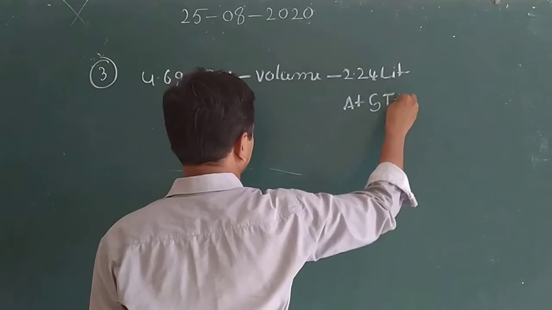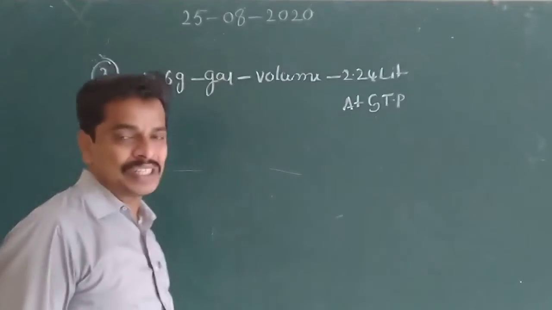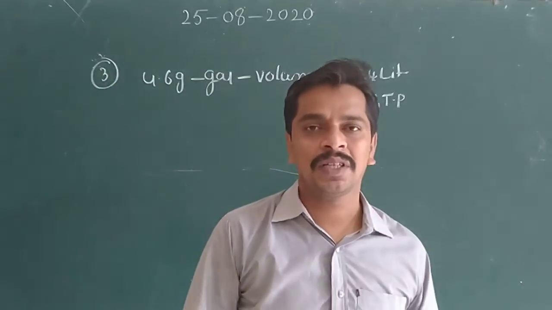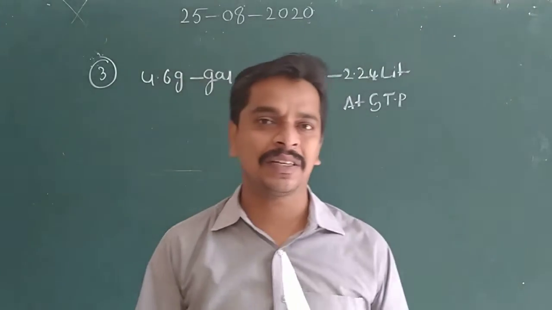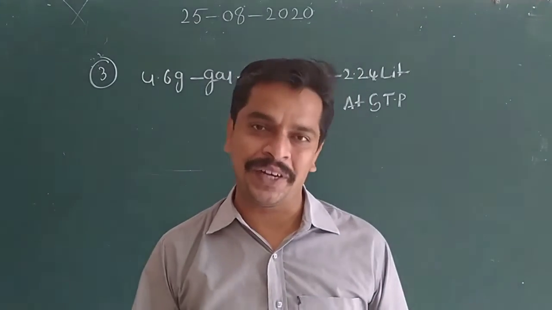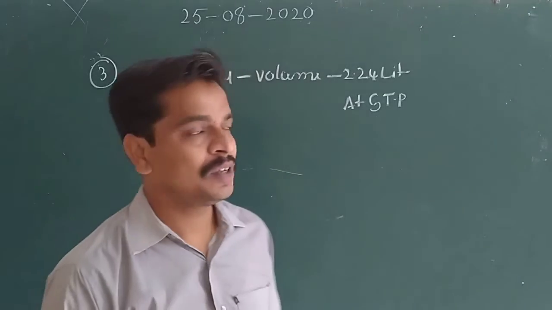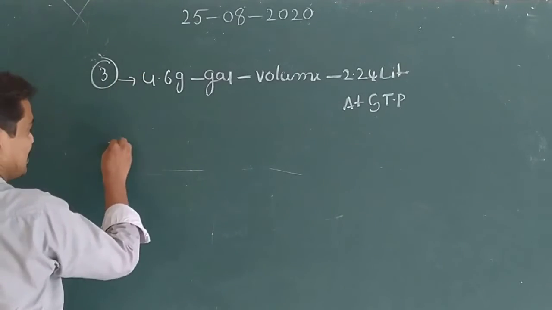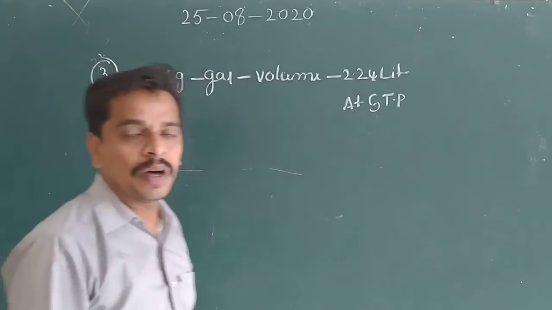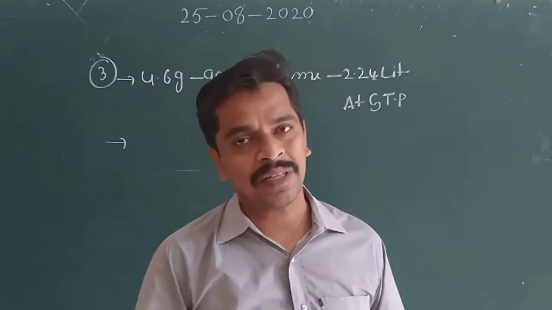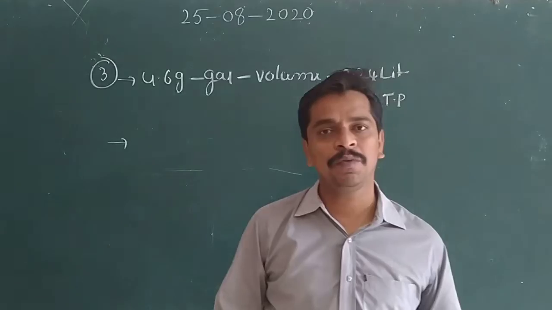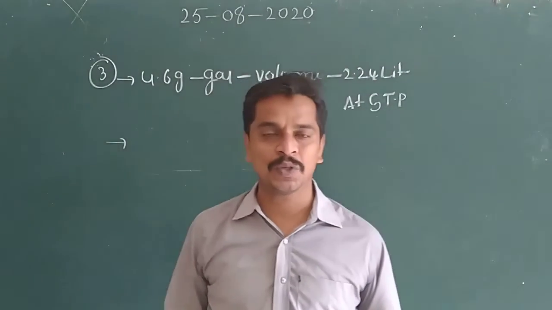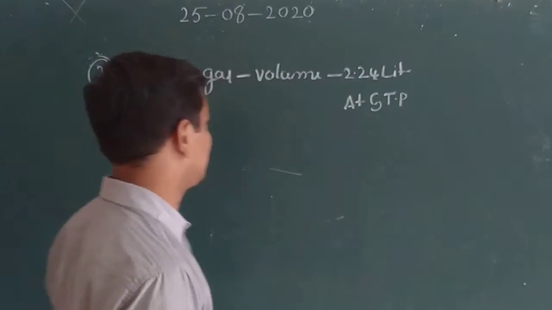It is given, but he is asking which gas that is. For that purpose, first we have to detect that gas molecular weight. Okay, students. So to detect that gas molecular weight, we have to recall one more basic statement. That's nothing but at STP 1 mole of gas occupies 22.4 liters, students.